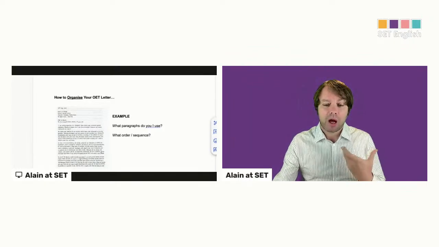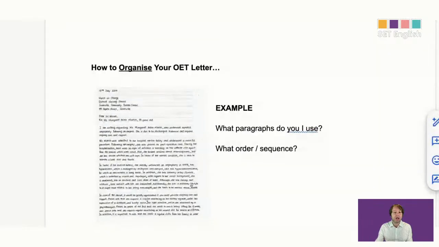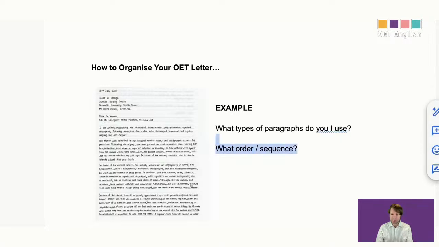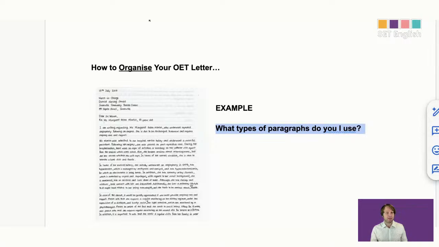Today is just a short class to show you a really easy way to organize your letter. I want to start by asking, can you guys tell me what types of paragraphs we use? That's a question for people in the chat. If you can just type in the chat, I'm watching on my phone.